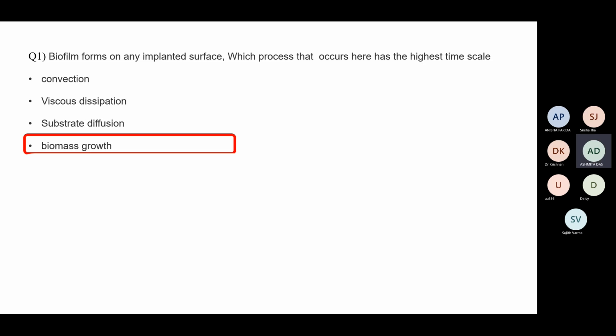Can anyone tell me how many processes are involved during biofilm formation? Any answer? Which processes are involved? Anyone?